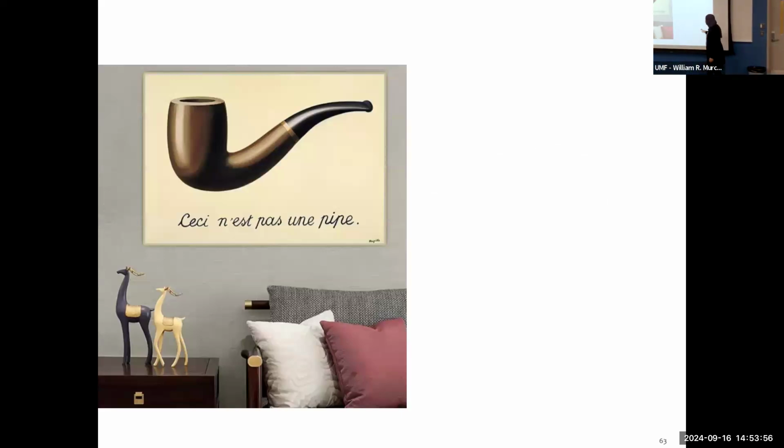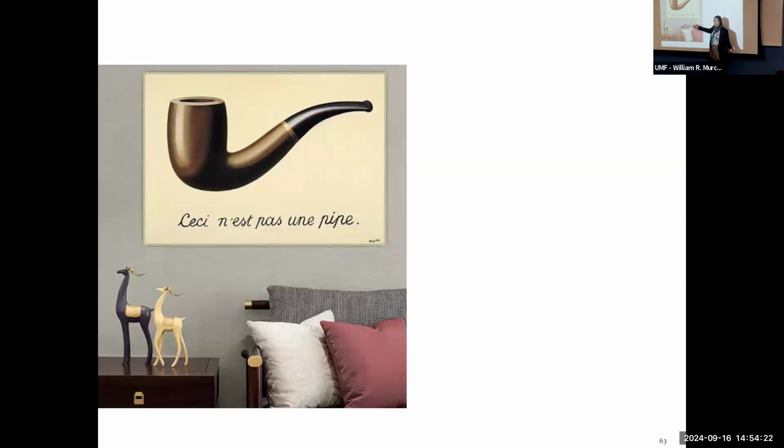But here there is a very famous piece of art. This is very famous. So what you can see here is just what you see. What is it? I don't know what it's called. It's a pipe.